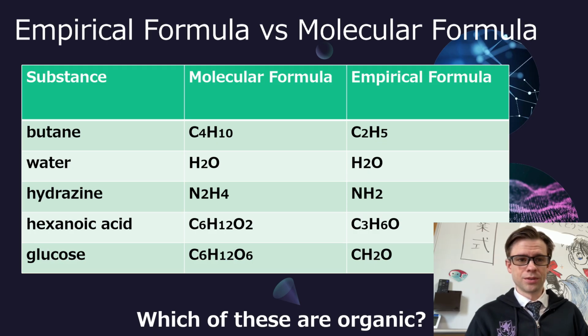It's the fuel that most living organisms use. They'll combust this and break it down, digest it to get energy. But the empirical formula of this, you can divide it by 6, you get CH2O. This is an organic molecule, mostly carbon and hydrogen based.